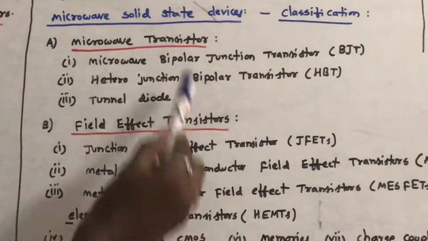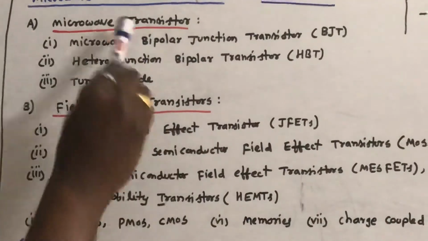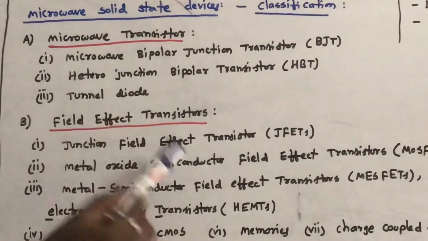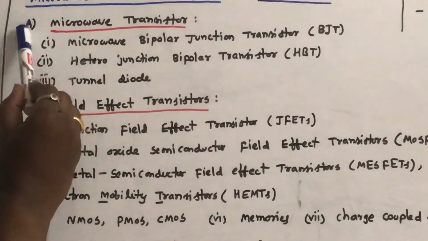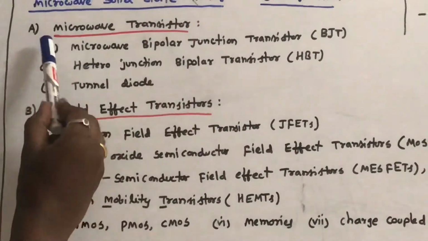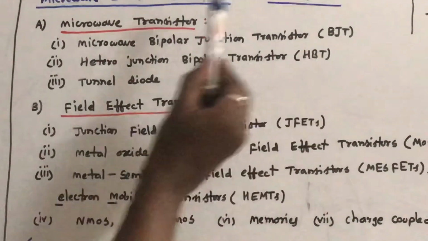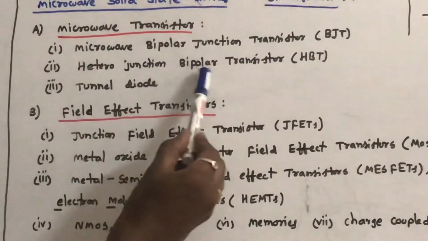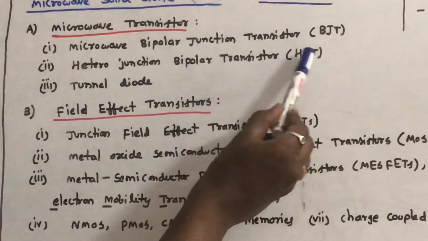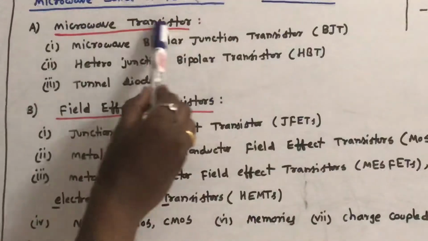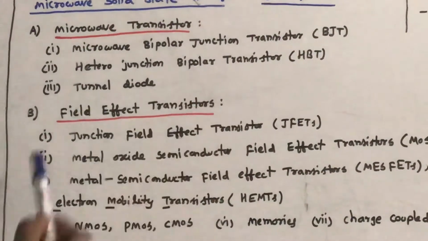Their construction is slightly different from that of the earlier studied transistors and field effect transistors, but their operation is very much similar. So let us see the classification of microwave transistors: microwave bipolar junction transistor, called BJT, heterojunction bipolar transistor, and tunnel diode. Under microwave transistors, these are the subdivisions.